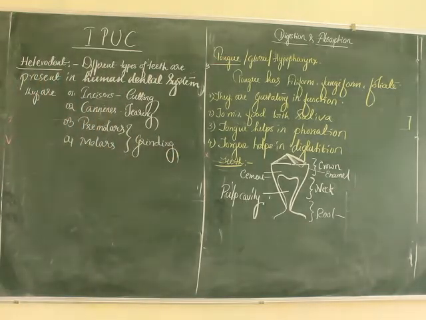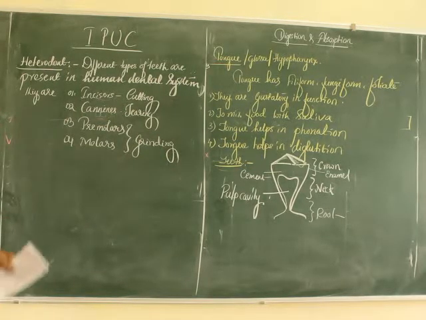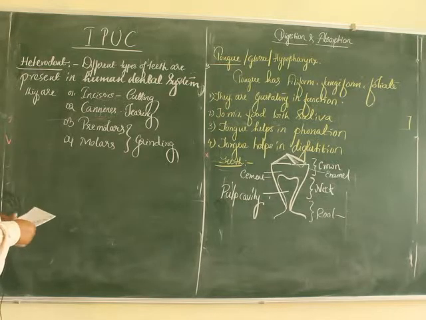So incisors for cutting, canines for tearing, premolars and molars for grinding. Okay.